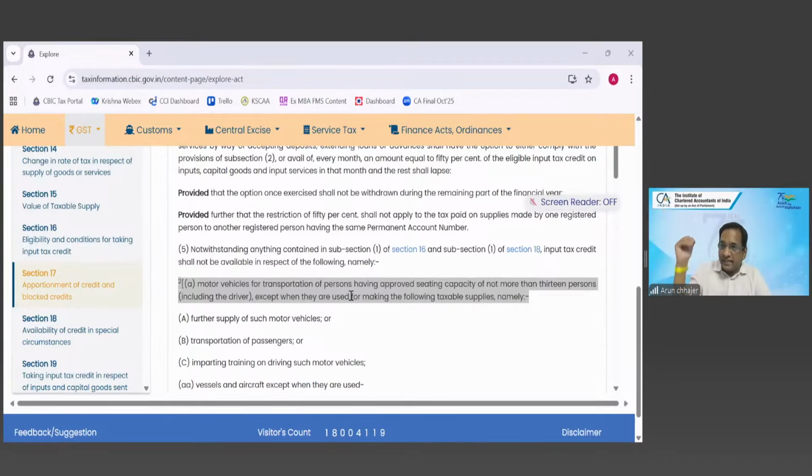When I have purchased it, I have to register under the Motor Vehicles Act, either as a transportation of person vehicle or a transportation of goods vehicle. So it will be only for one purpose.